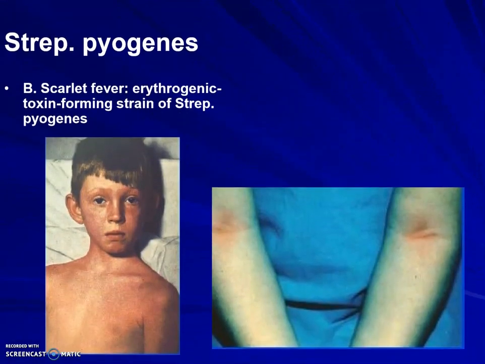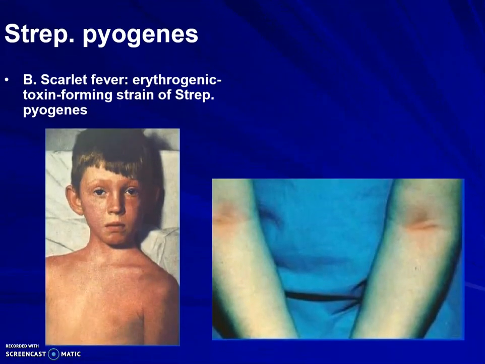And here more. Scarlet fever is also caused by Streptococcus pyogenes. So these kids have a very high fever. And in addition to the infection, this particular strain of Streptococcus pyogenes releases an erythrogenic toxin that then causes the redness and this rash that you see on this kid's skin.